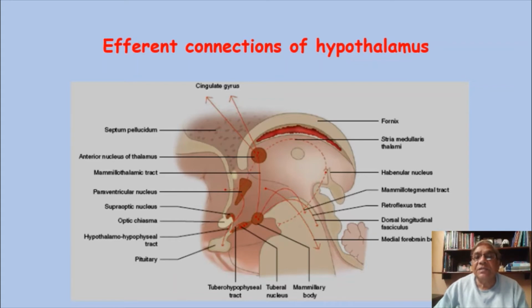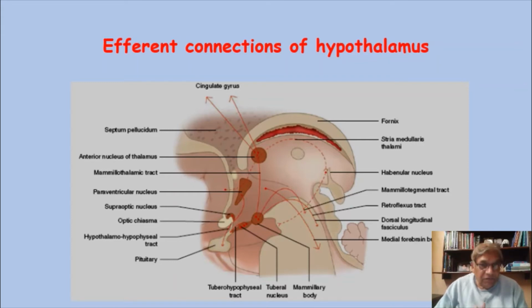It is represented here only by a single line coming from the various hypothalamic nuclei, and this is the medial forebrain bundle, which also contained the afferent fibers as we have seen in the afferent connection. This is also the efferent connection in the medial forebrain bundle, and this will end in the various autonomic nuclei.